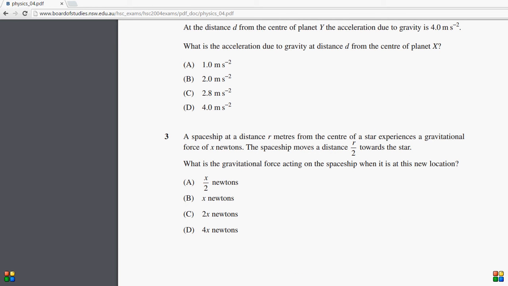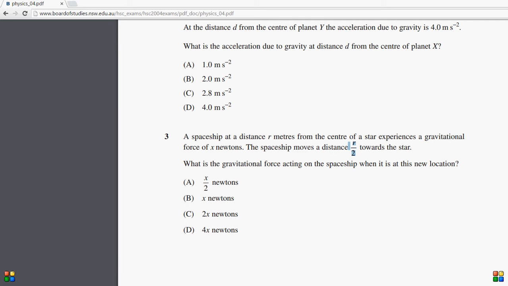A spaceship at a distance r meters from the center of a star experiences a gravitational force of x newtons. The spaceship moves a distance of r/2 towards the star. What is the gravitational force acting on the spaceship when it is at this new location? So remember that force is G m1 m2 over r squared.